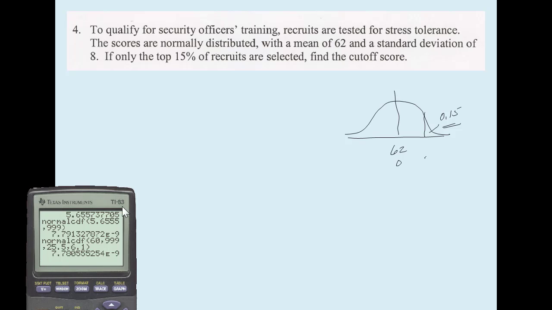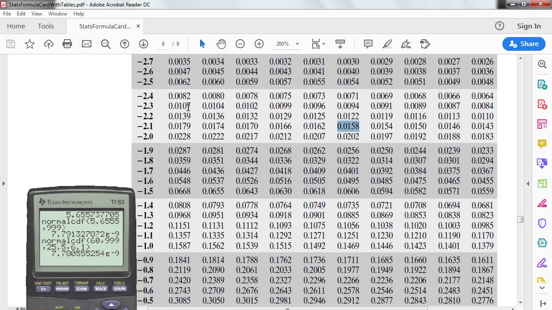So in order to do that, I'm going to go back to the table, and I want to find 15% inside here. So 0.1, 0.15, I'm looking. Okay, so here I notice I got 0.151, and I got 0.1592.